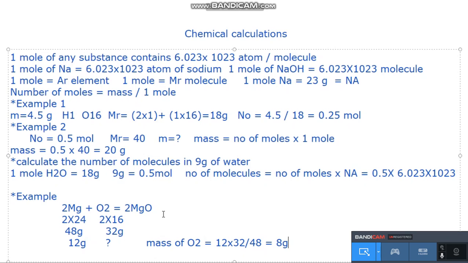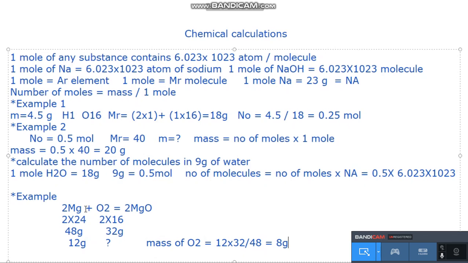Note that when you carry out a chemical reaction like this, you don't have to use all the 48 grams of magnesium.